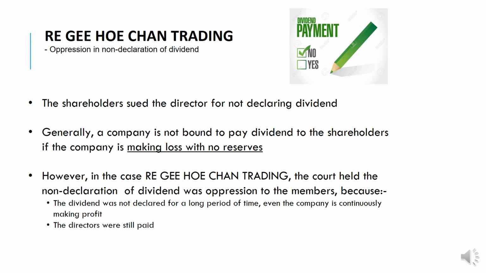The directors got the payment, but never declared dividend to the shareholders. So the court in this case held that the non-declaration of dividend was actually oppression to the members. Why? Because they got profit, the directors paid themselves but did not declare dividend. So this is oppression to the members. This is what the court held.